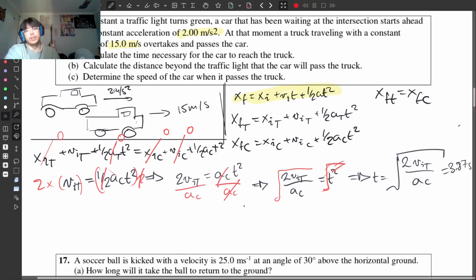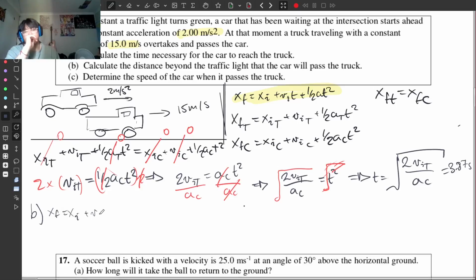Okay, now for B, the distance that the car will pass the truck. The distance will just be, so this is for the car, we'll just need to use another equation. We'll just need to do xf equals xi plus vi t plus 1/2 a t squared.